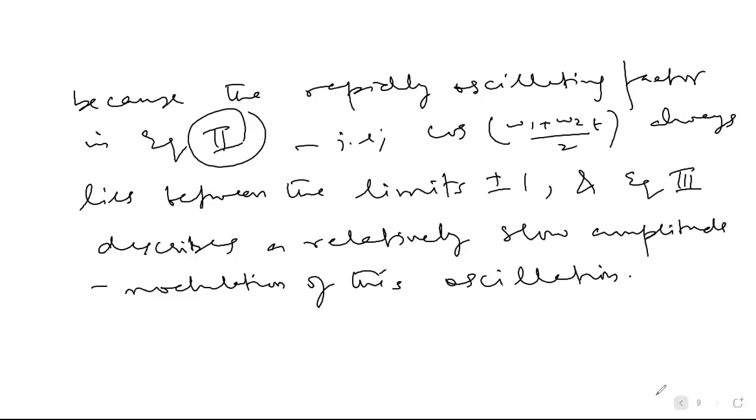So what happens? I will show it roughly, not to scale. We have two sinusoidal oscillations. I'm showing it roughly. Let this one be omega 1, this one omega 2. We combine them. I'm showing this displacement in time approximately.